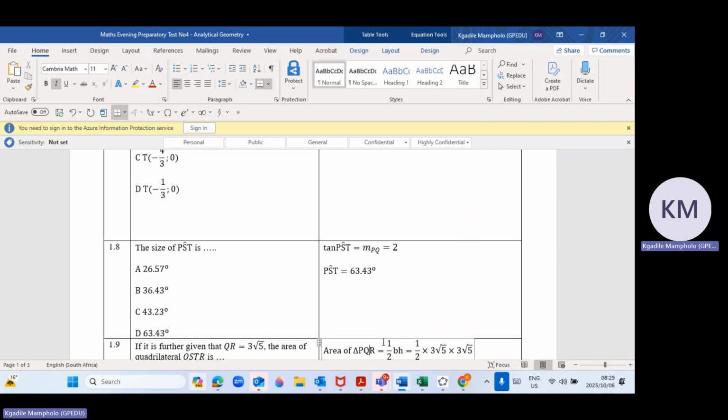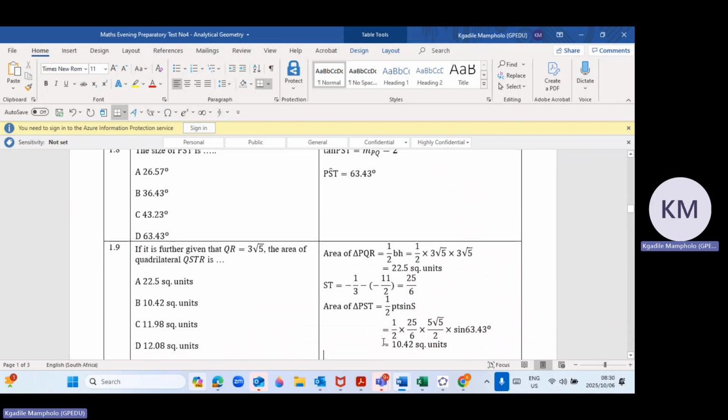Then you say tan PST equals the gradient of PQ, which equals 2. Then you say shift tan 2, then you get 63,43. Remember PST is the angle of inclination, so the answer is 63,43 degrees.